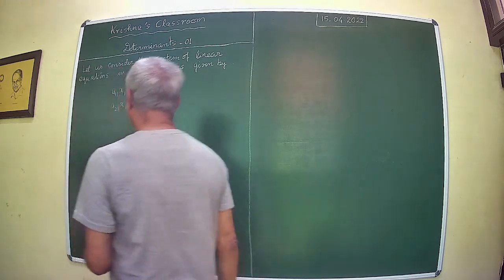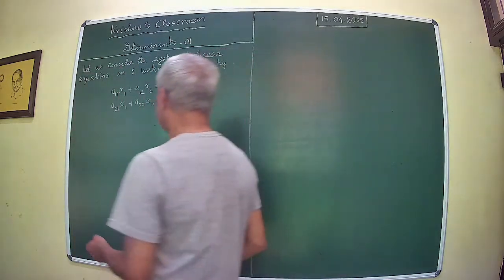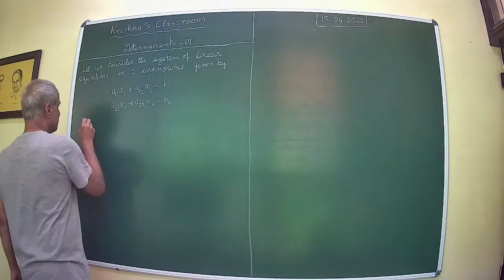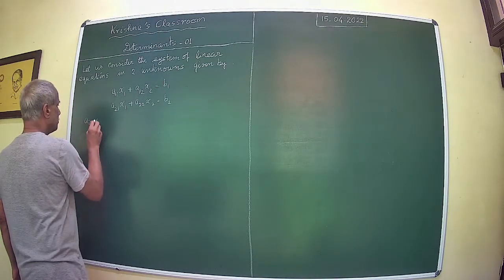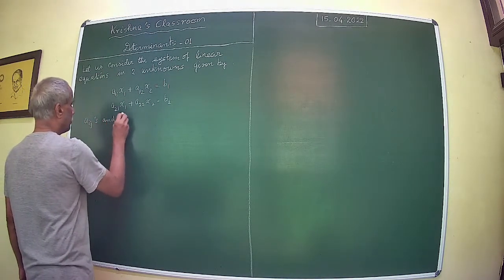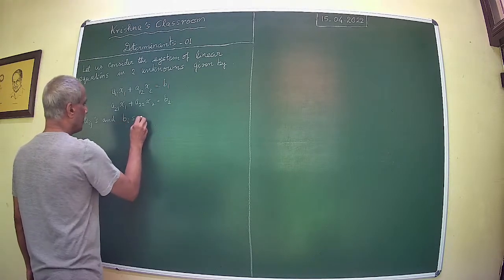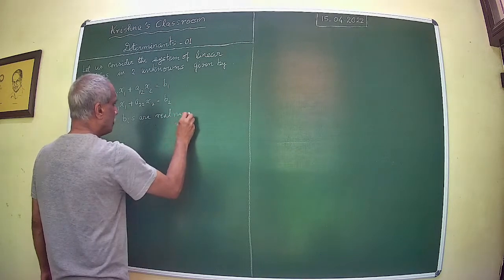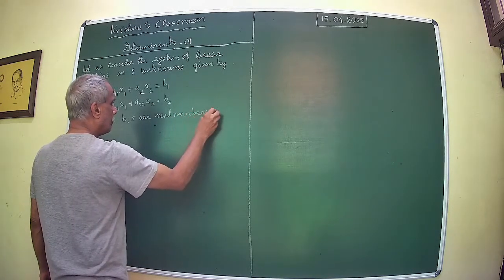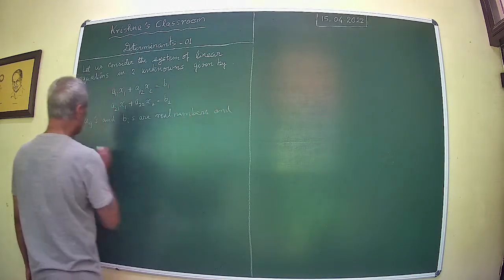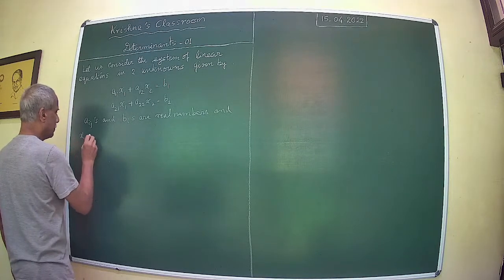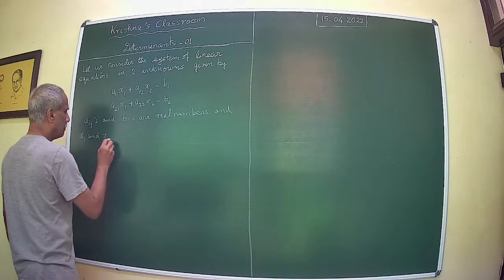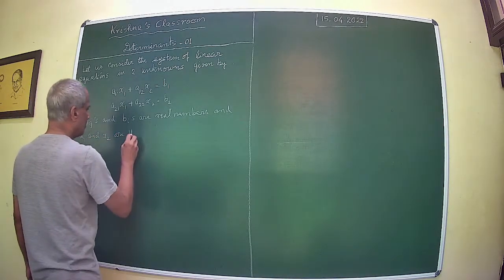B2, where of course Aij and Bi are real numbers. And x1 and x2 are unknowns.